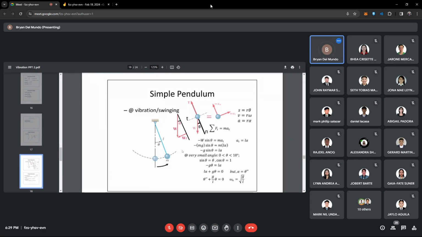And then, so since dun sa ating spring mass model, yung ating amplitude is nag-a-apply dun sa maximum displacement. So this time, we're evaluating the theta or the maximum angle na namumove when you try to pull yung ating simple pendulum.